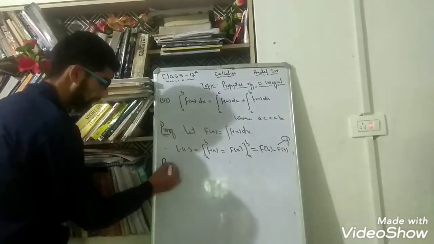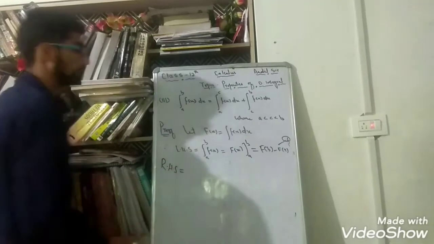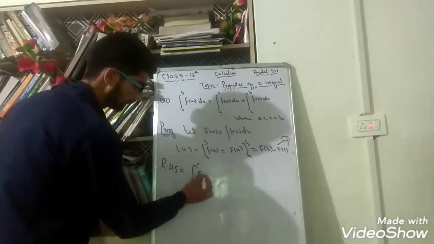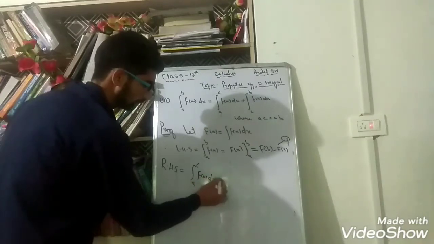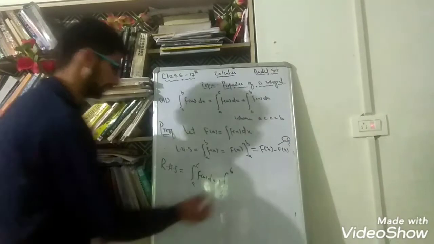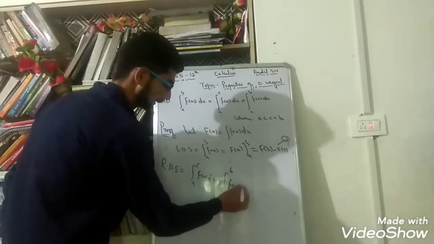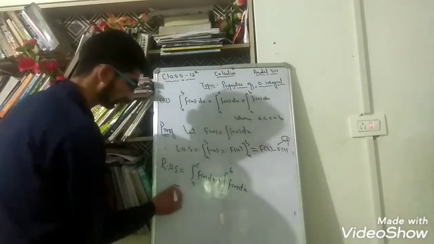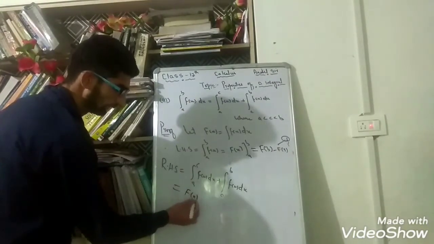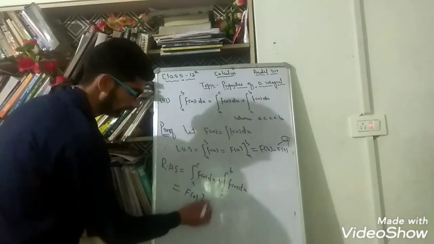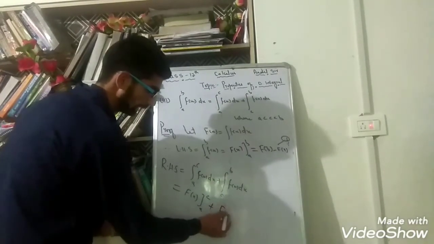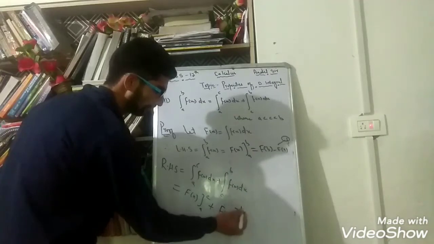RHS is equal to the integral from a to c of f of x dx plus the integral from c to b of f of x dx. Since the integral of f of x is F of x, this is F of x from a to c plus F of x from c to b.